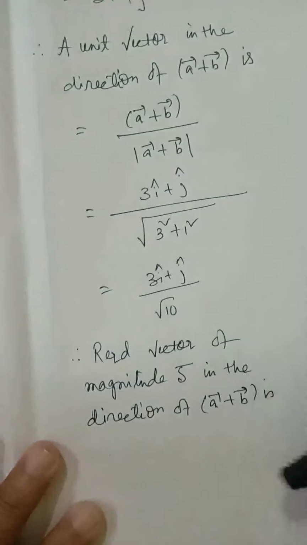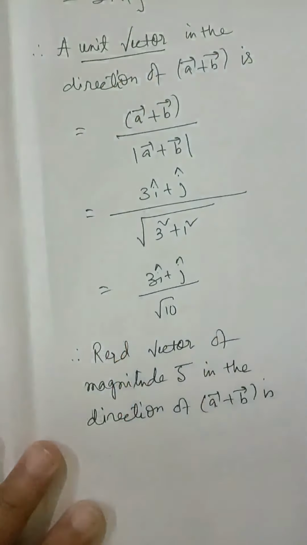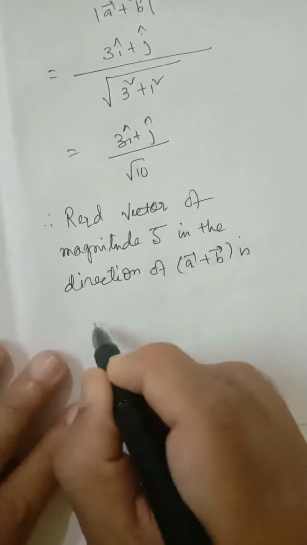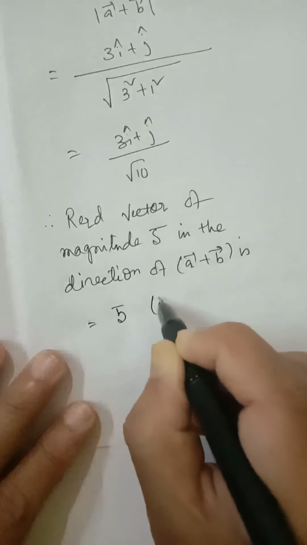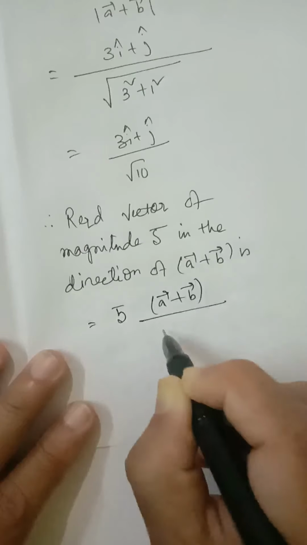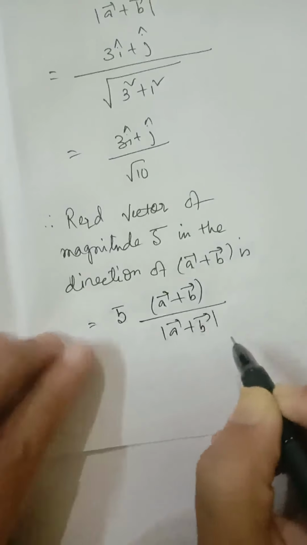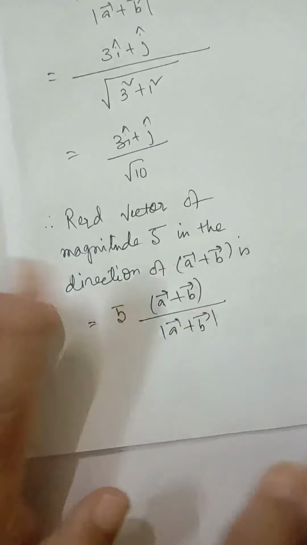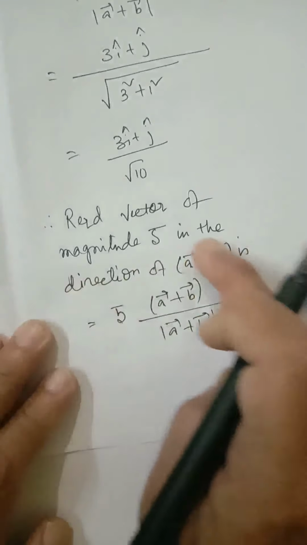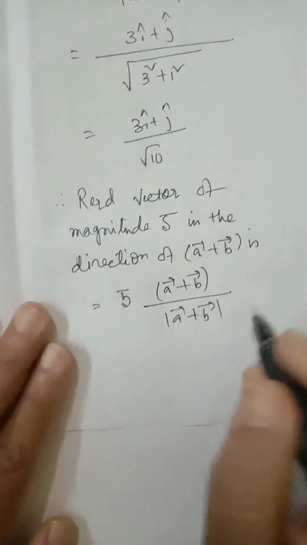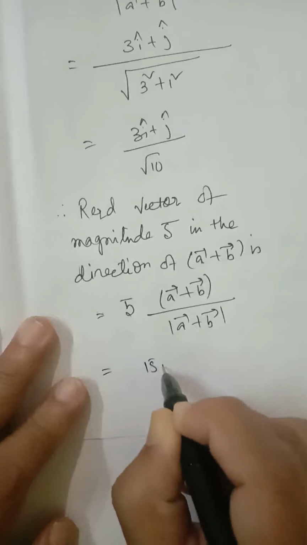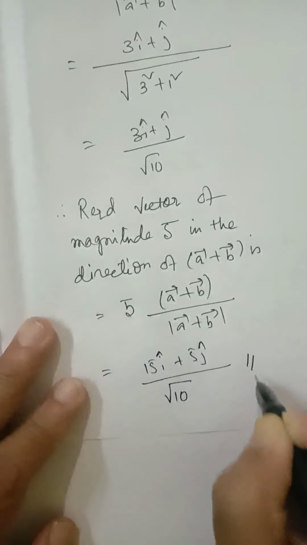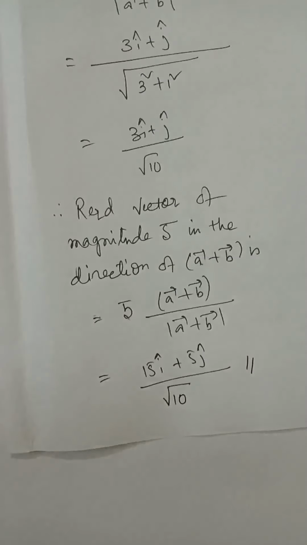We have to find a vector of magnitude 5, so with this we will multiply 5. This will be 5 into a plus b vector by modulus of a plus b. If we multiply 5 with this unit vector, we will get a vector of magnitude 5 in the direction of a plus b. So ultimately it will be 15i plus 5j by root 10.